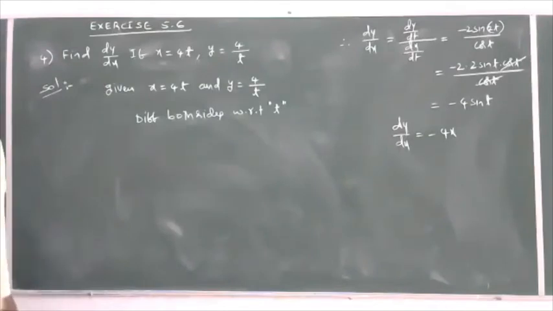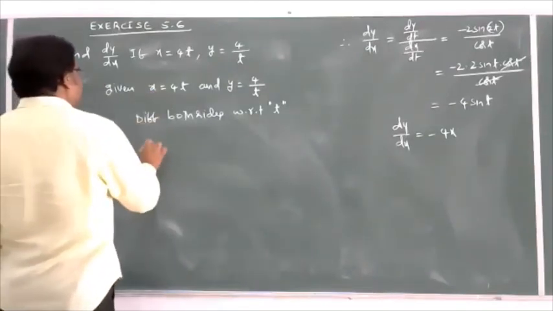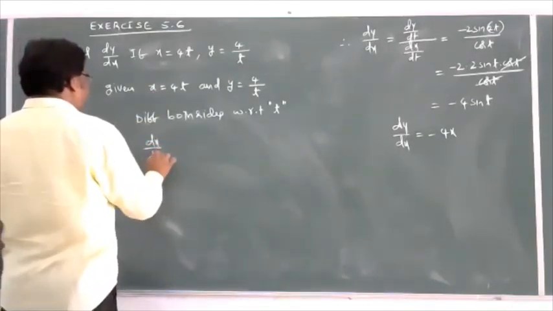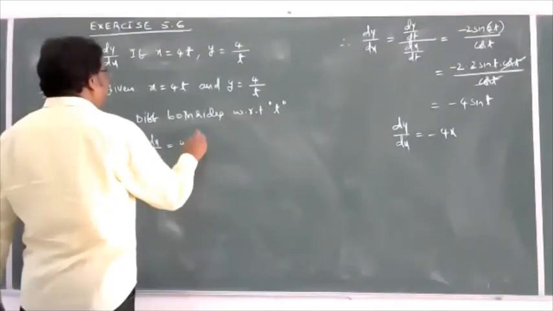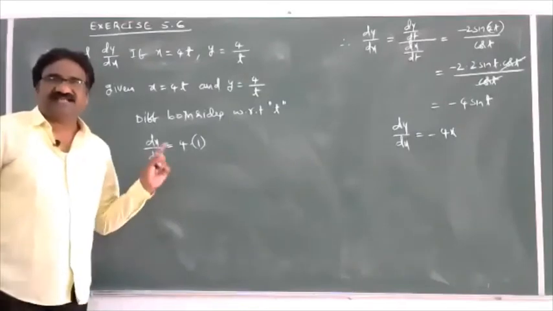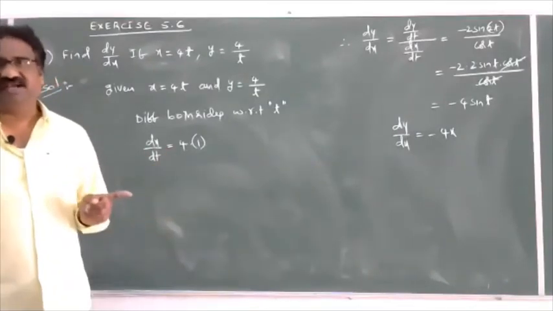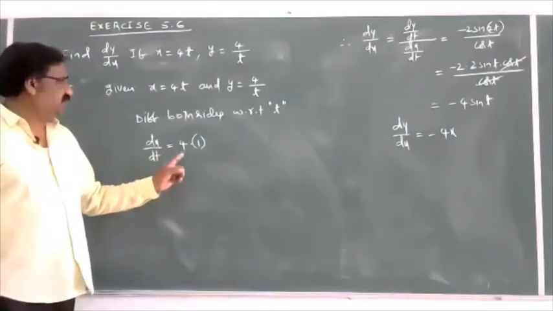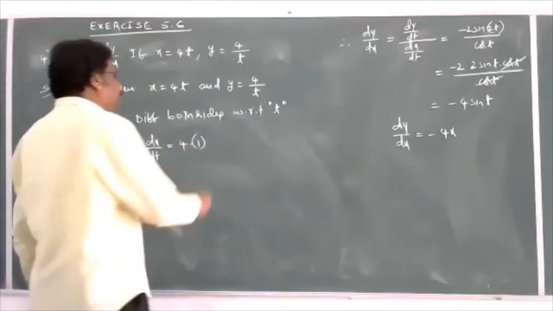Differentiating both sides with respect to t. So x derivative, dx by dt is equal to 4 into t derivative, 1.